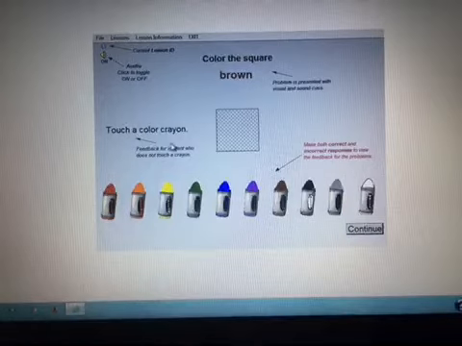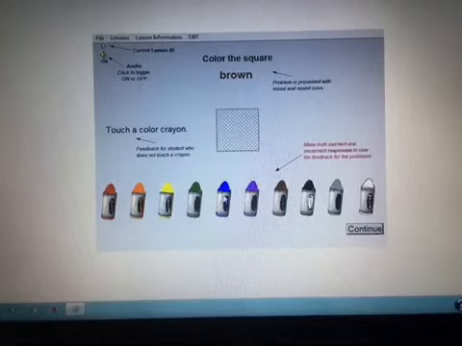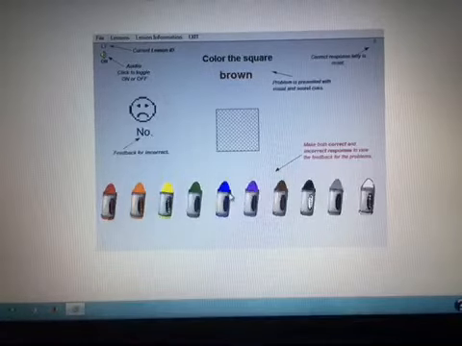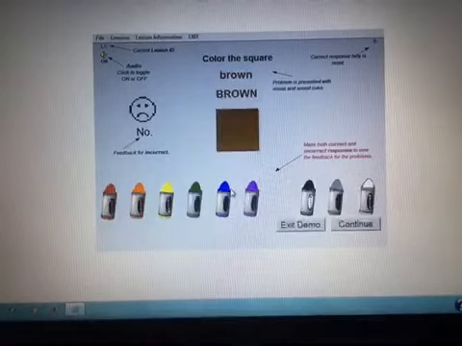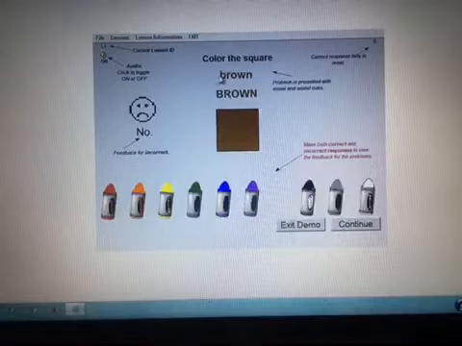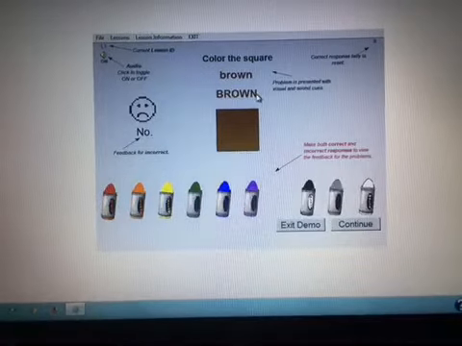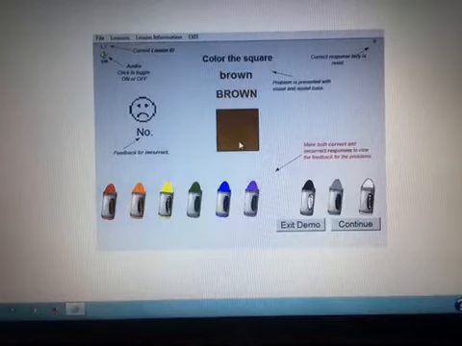They're told to touch a color crayon. Let's miss this one. No, brown. So we have the lowercase and the uppercase letters and the color.